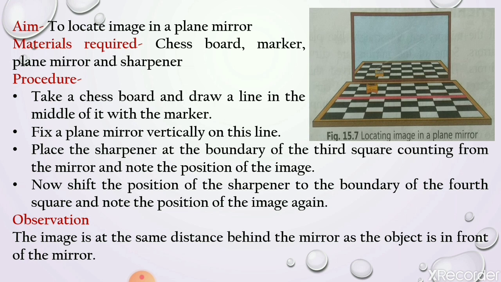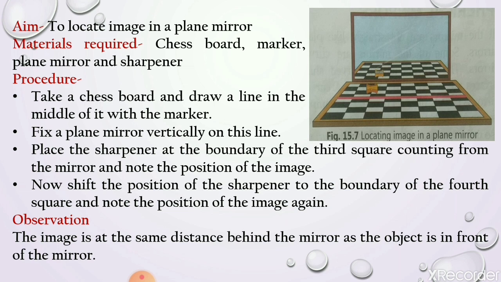Now we have to place the sharpener at the boundary of the third square; first you count the third square from the chessboard, and then place the sharpener on its boundary. You have to note the position of the image.